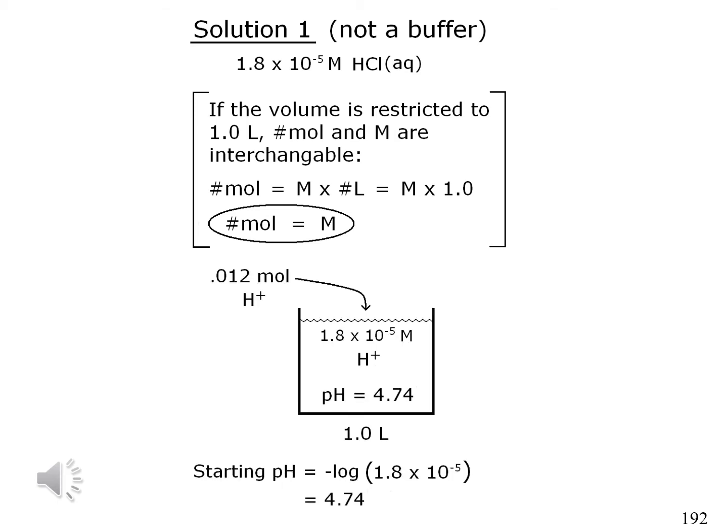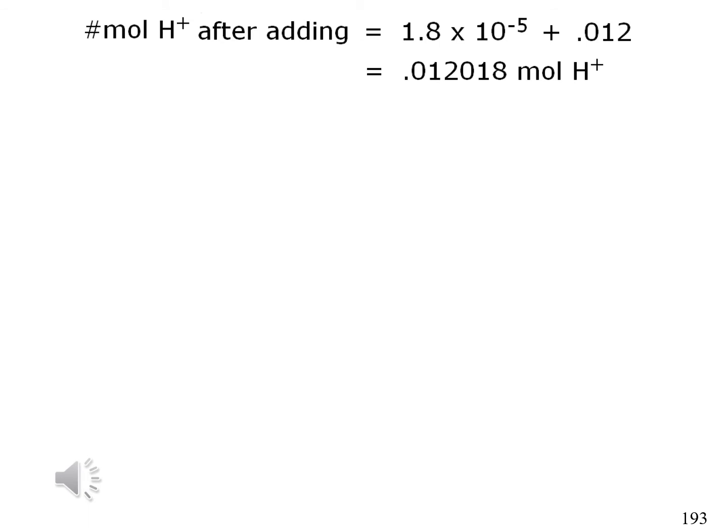If you add the 0.012 mole of H plus to the first solution, there's nothing in there to soak it up. All you're doing is adding more H plus. So the amount of H plus that you get in there after the addition is just a sum. And I want to look at this because which of these is the amount you started with? The amount you started with is the 1.8.